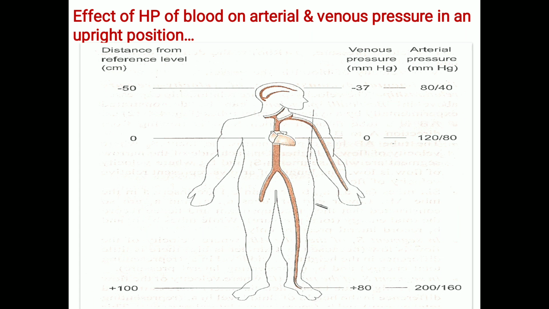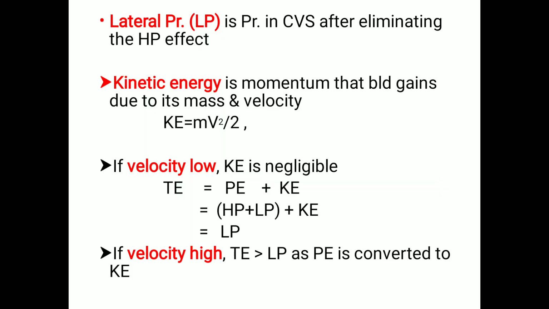Below the heart, at a distance of 100 centimeter from the heart as a reference point, the venous pressure is plus 80, whereas the arterial pressure is 200 by 160 millimeters of mercury. Above the heart, with the heart as reference, the arterial pressure is low, 80 by 40, and the venous pressure is minus 37 millimeters of mercury. All this is because of the effect of hydrostatic pressure.